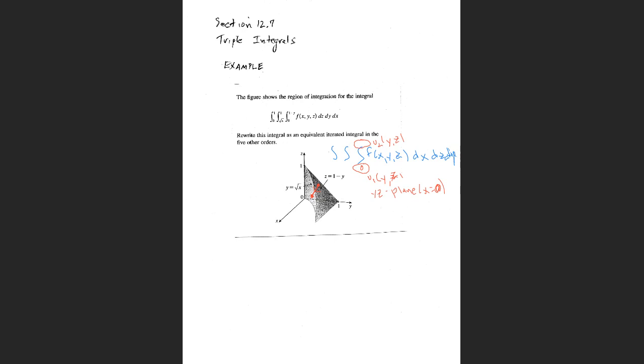So this is your y equals root x, or x equals y squared. That's part of a parabolic cylinder bounding the solid in the front. So the surface here is going to be x equals y squared.